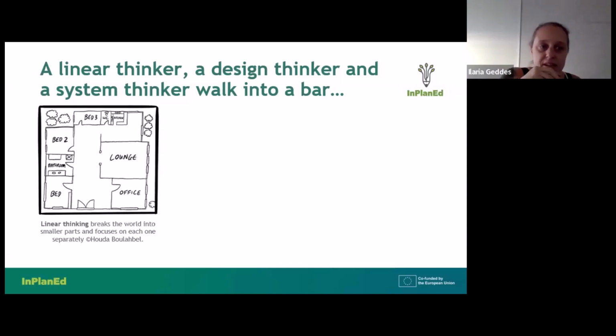So what does linear thinking do? It breaks the world into smaller parts and focuses on each one separately. So it's good because it's an architectural example. I know there might be some engineers here as well. We'll get to know you later on. But what does a linear thinker do? Probably maybe what you did in your first year, or probably even before you came into your first year, is they draw a floor plan.